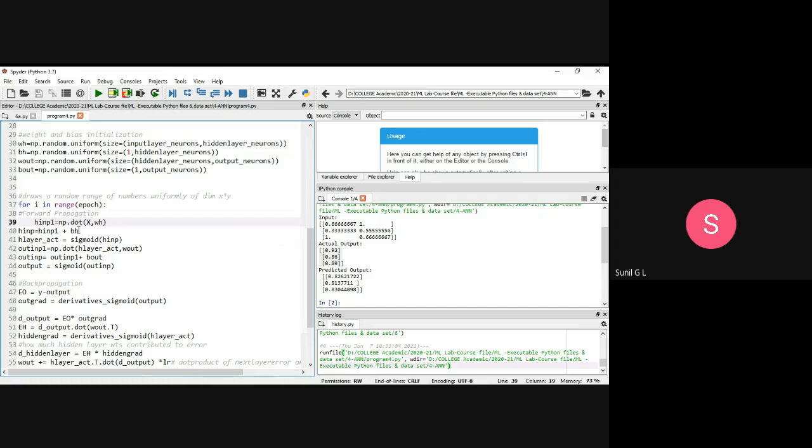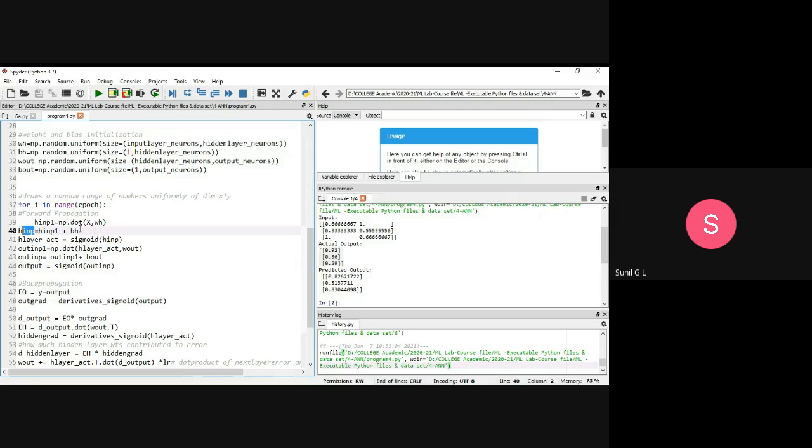We are adding the bias. Then after adding the bias to that summation, we are applying the sigmoid function, which is 1 over 1 plus e power minus x, to the values we get from the multiplication of input with the weights.